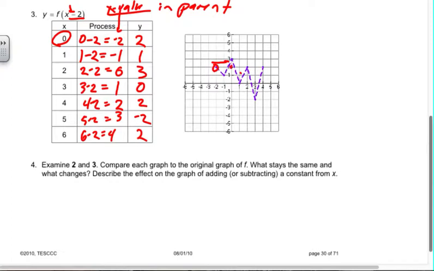And 1, 1. Okay? And 2, 3. And 3, 0. 4, 2. 5, -2.